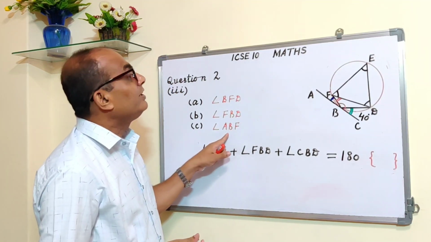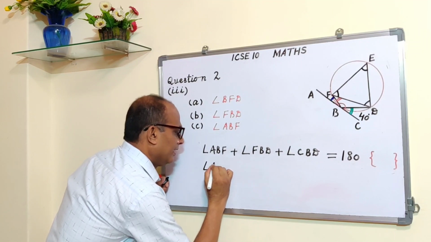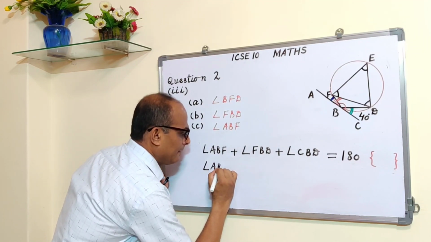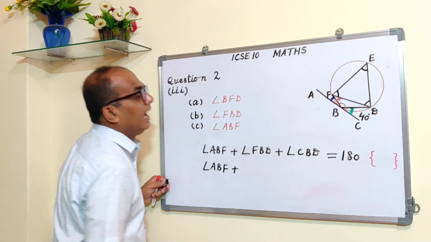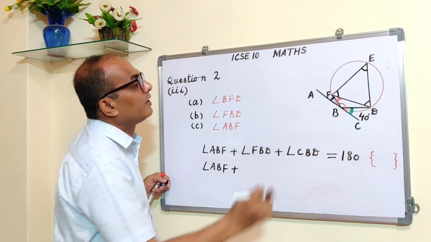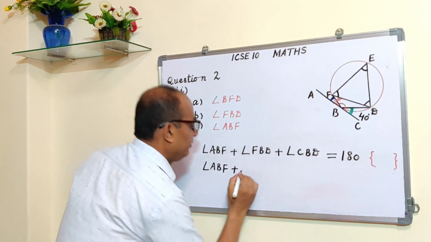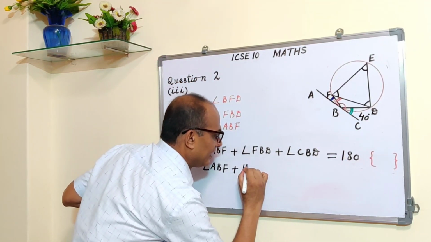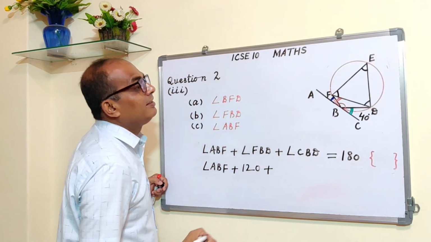Now the last one is ABF; we have to find it out. Angle ABF plus angle FBD. FBD we got how much? 120, no? 120 plus angle CBD.